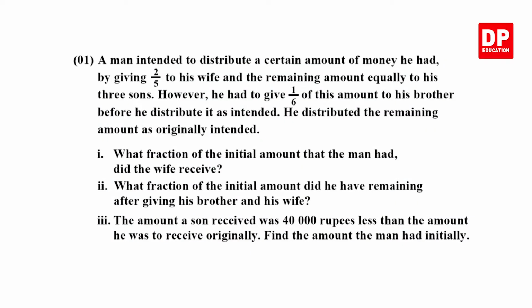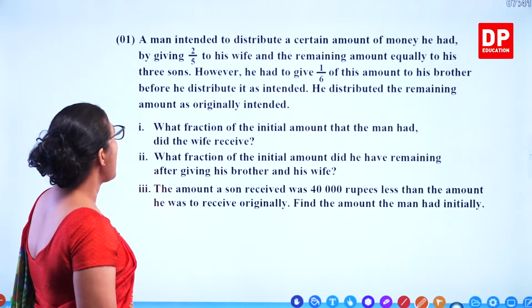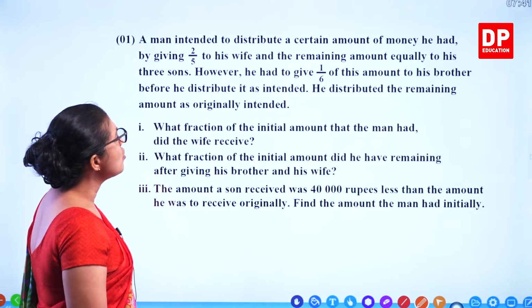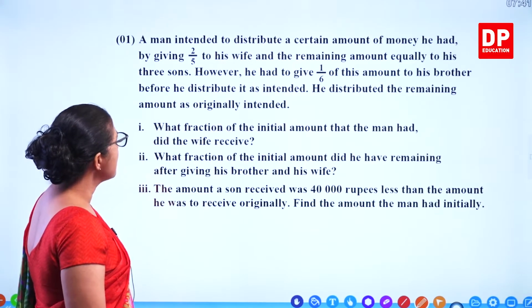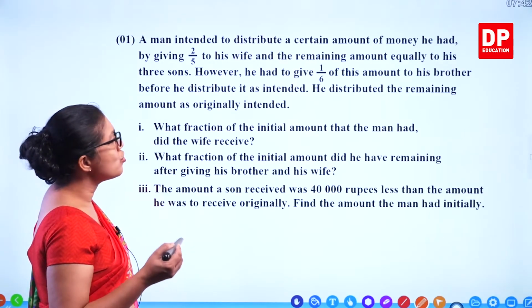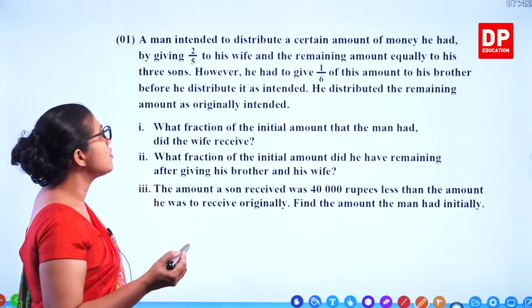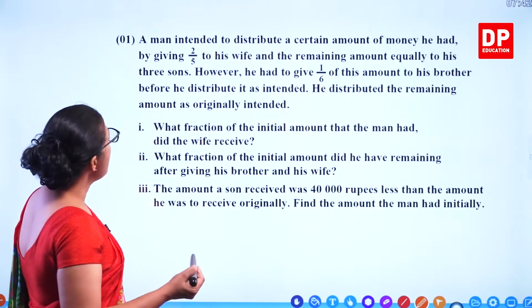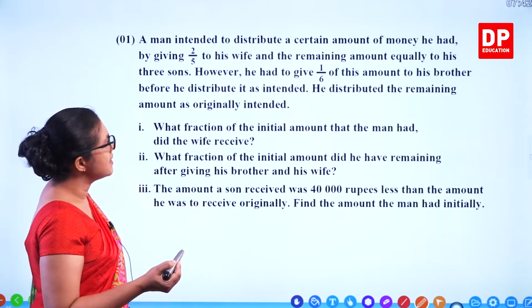A man intended to distribute a certain amount of money he had by giving 2/5 to his wife and the remaining amount equally to his 3 sons. However, he had to give 1/6 of this amount to his brother before he distributed as intended. He distributed the remaining amount as originally intended.